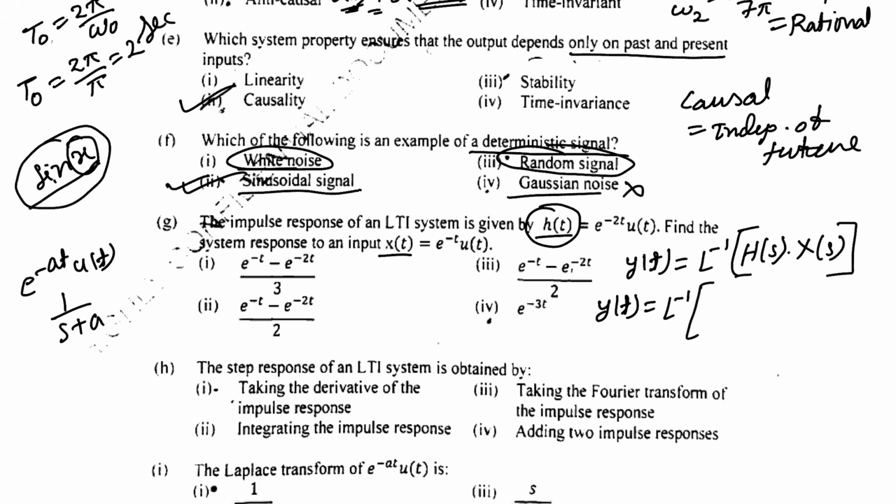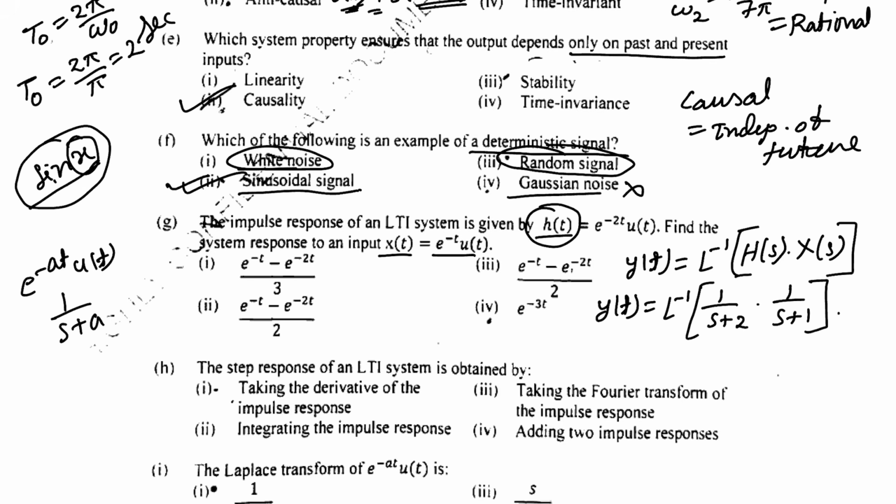So, it will be simply 1 by s plus 2. And x of t is e to the power minus t u of t, which will be 1 by s plus 1. So, we need to find the Laplace inverse of this.